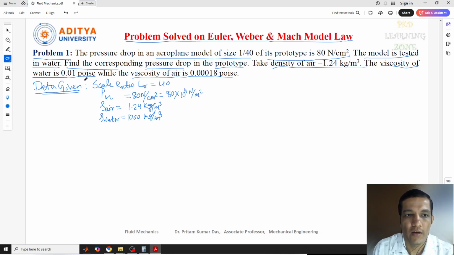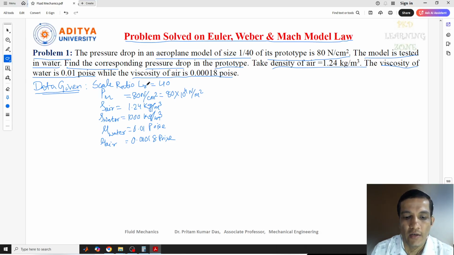The viscosity of water is given as 0.01 poise, and the viscosity of air is given as 0.00018 poise. These are the only data given. So all the data I have written here. Now we need to find out the pressure drop for the prototype.